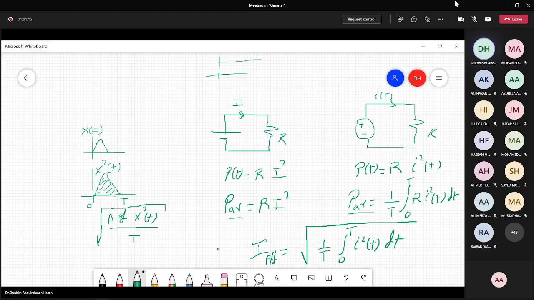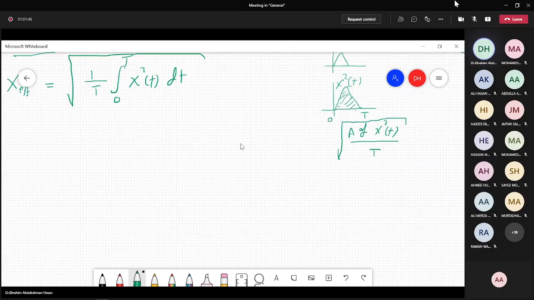So the average of the square of this one, under root, gives exactly the same average power here. By this way, we can find the effective value to get exactly the same average power, which is equivalent to the average power here.